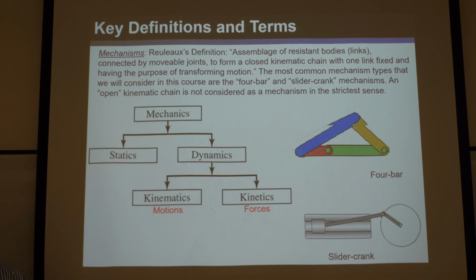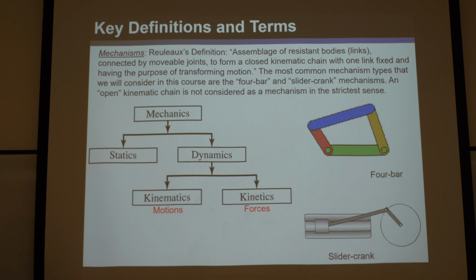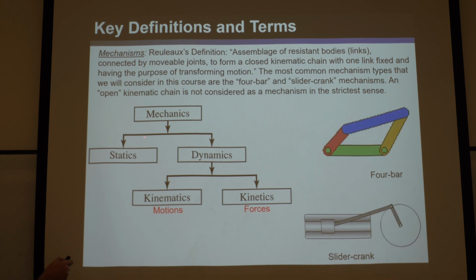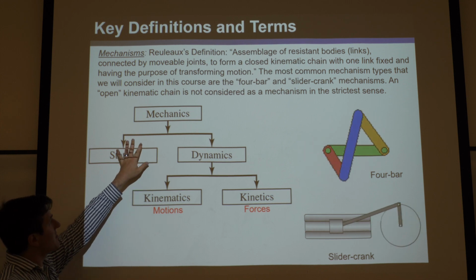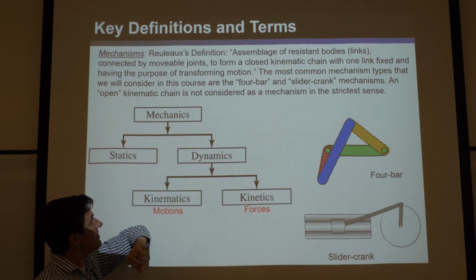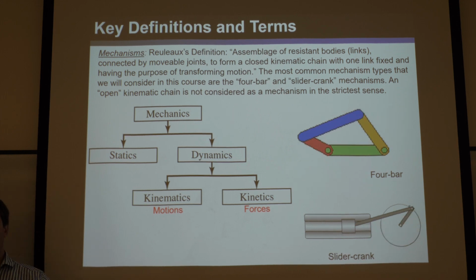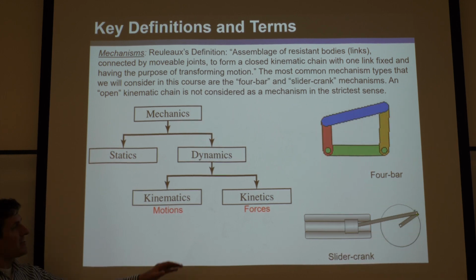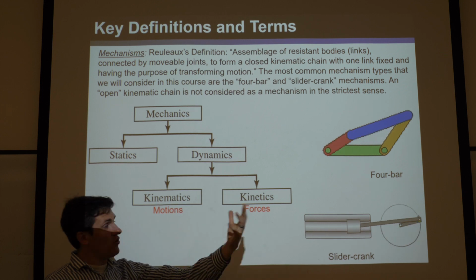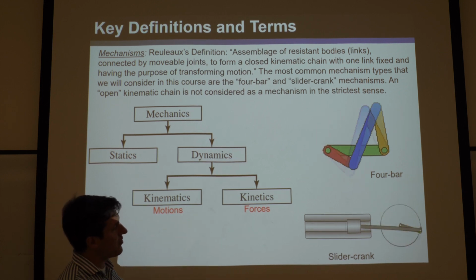Okay, so let's look at some other definitions, some nuances. The whole field of mechanics is really broken into two different parts: statics and dynamics. Statics is basically stuff that doesn't move. It's static. Dynamics are things that do move, like these two examples on the right here.